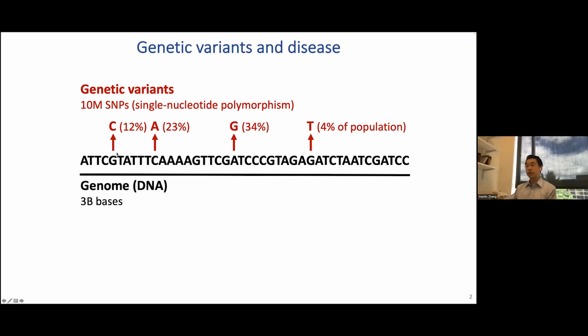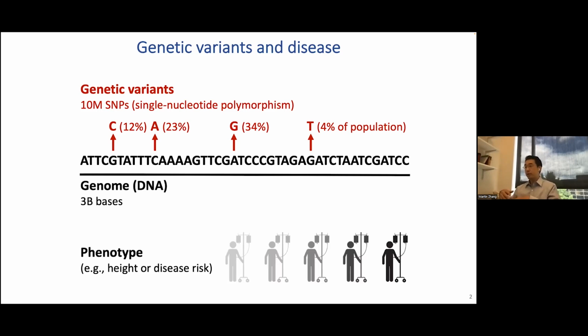For example, on this figure, the first mutation is from G to C. That means while a part of the population has a G on their genome, the other people in the population have C instead. So this difference in people's genomes is part of the reason that people are different and unique. They may have different height, or they may carry different levels of risk for disease.